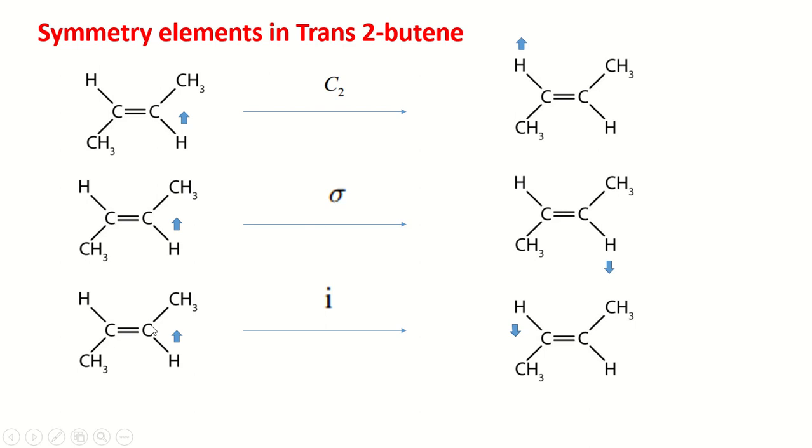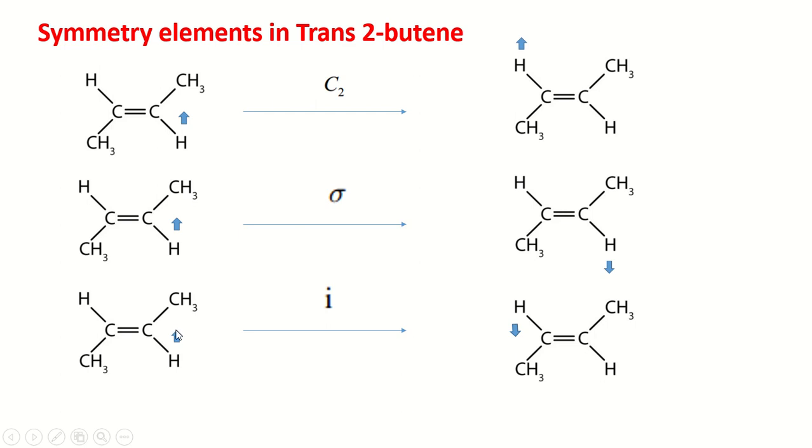What happens if we apply the inversion center to the molecule? We know that the inversion center is traveling a distance from the middle point to any atom, and if we find the similar atom on the other side, the result would be the inversion center.